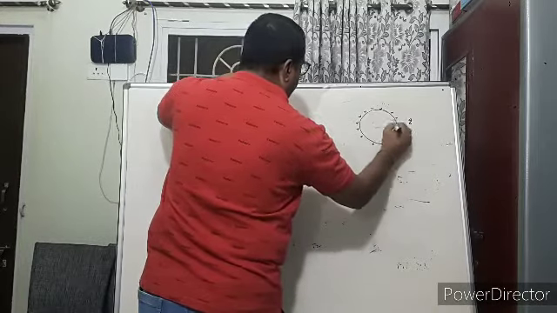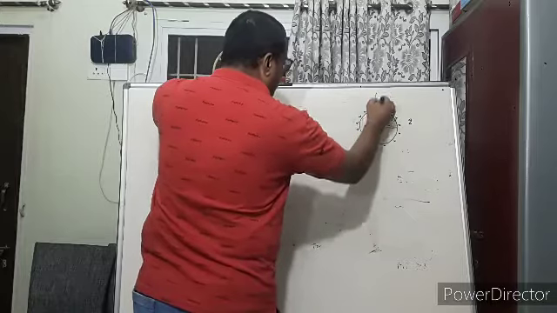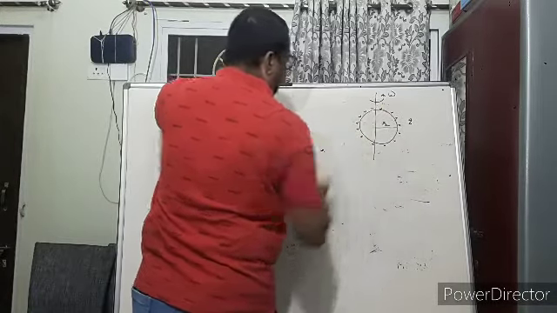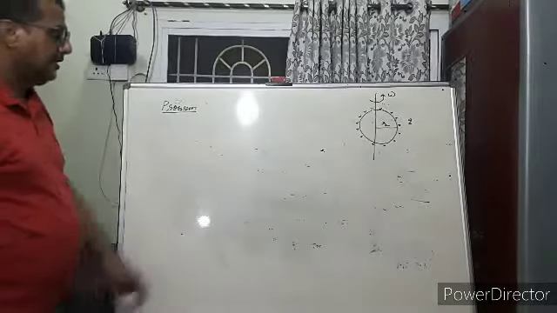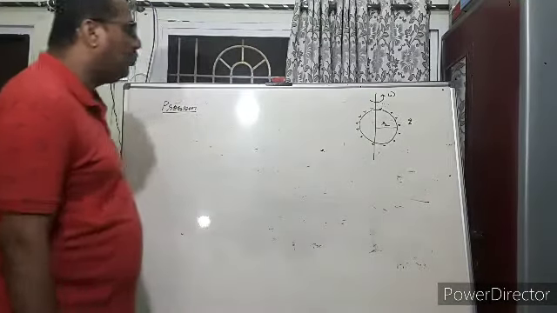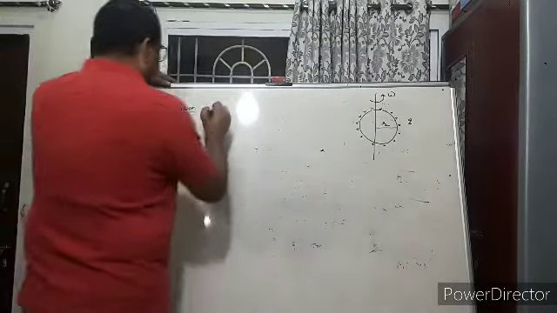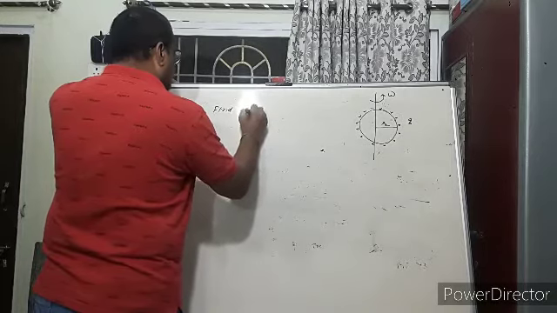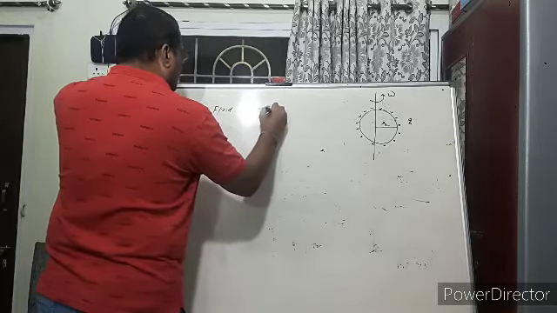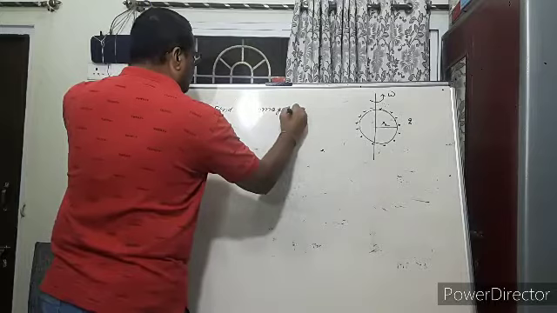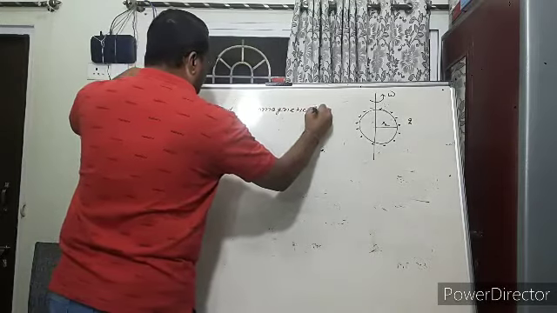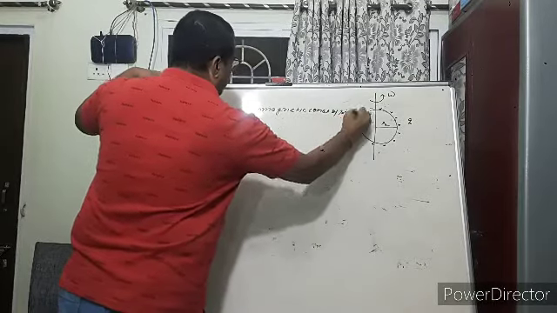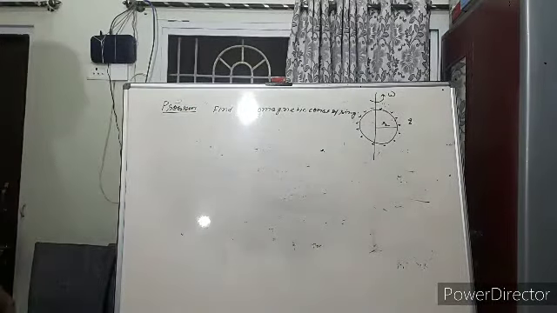Its radius is r, and it is moving with angular velocity omega. Find the gyromagnetic constant of the ring.